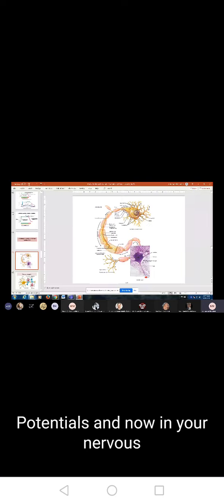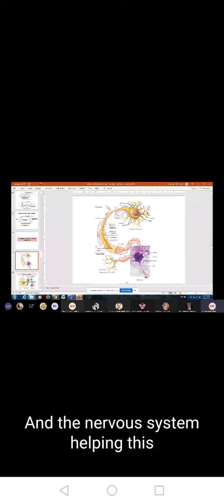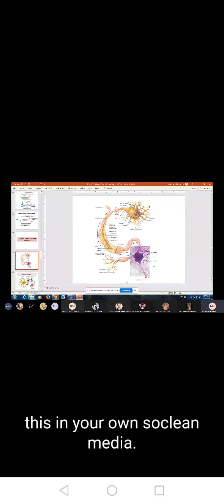Now, in your nervous system, there are a lot of what we are calling supportive cells, which are helping these neurons, and they have a lot of functions in the nervous system, helping these neurons to keep the media around these neurons clean.